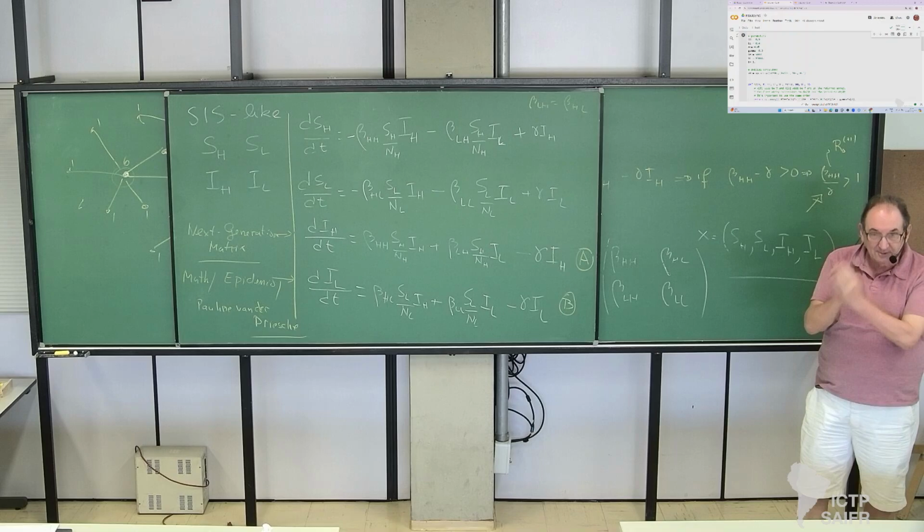But if one of them is bigger, the high risk group R0, then you have an epidemic which spills over to the low risk group, which would usually not be invadable, but spills over at a low endemicity level in this case that we studied.